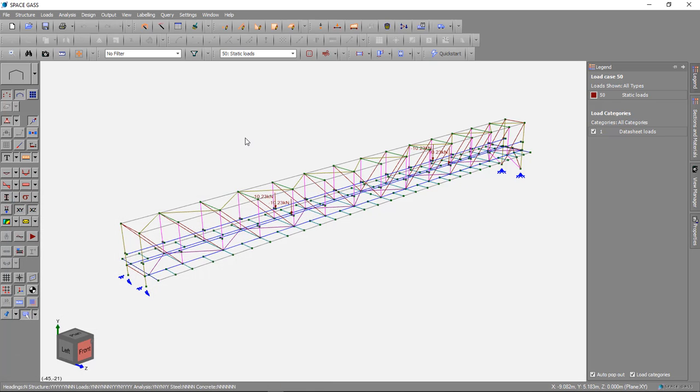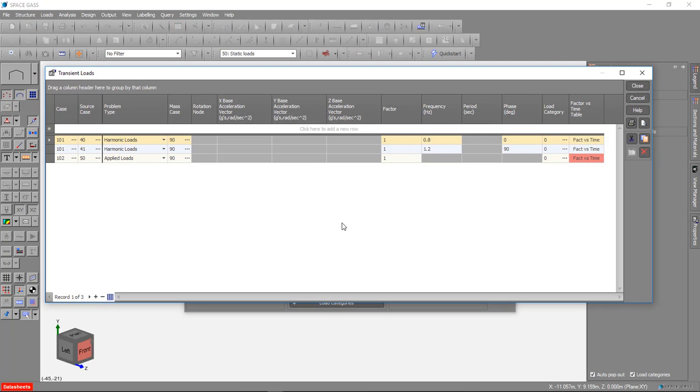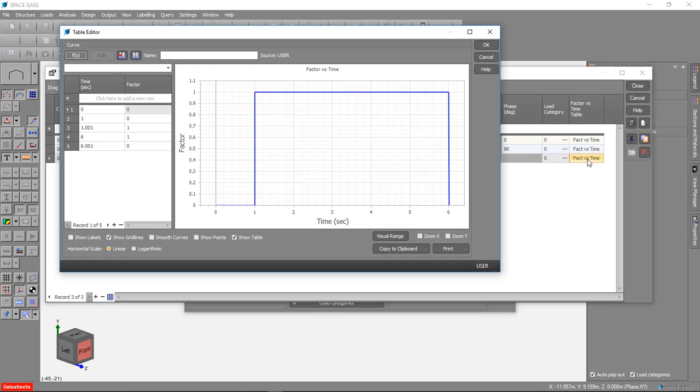We could also apply the load gradually instead of suddenly like that, just by changing the factor versus time table.